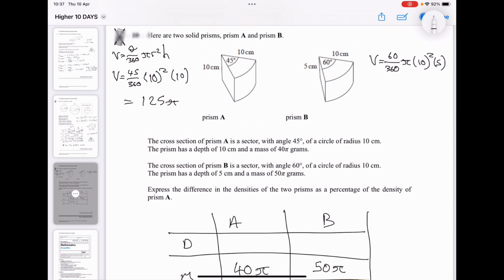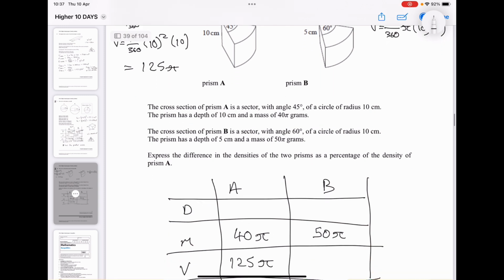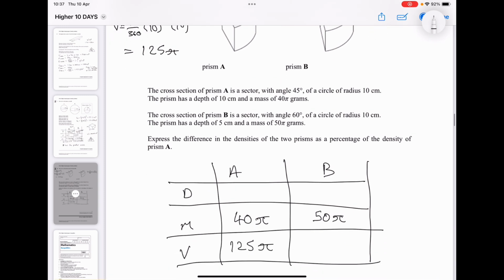And then I've got 60 over 360 pi, and this one hasn't worked out as nicely, it's 261.799.